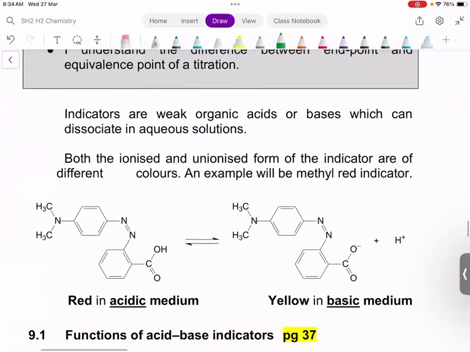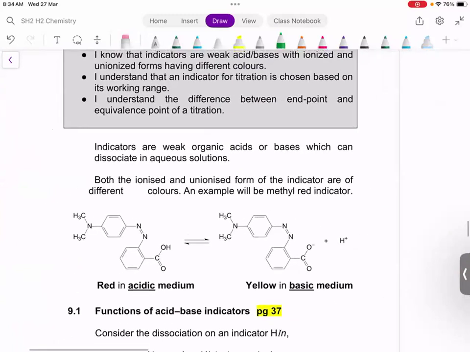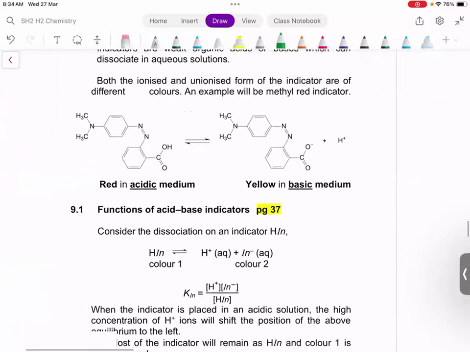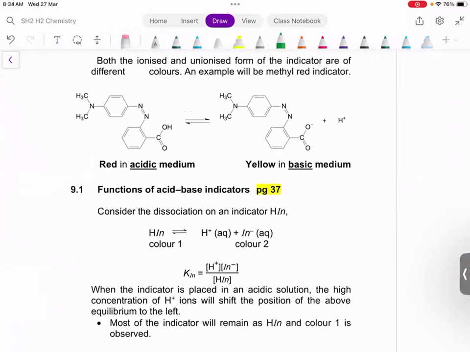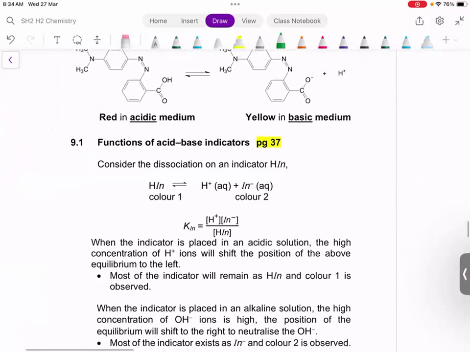So the next part is about the indicator. The indicator is quite easy to understand, to me. Your indicator itself is also a weak acid or weak base, so it will undergo partial dissociation to give you H plus and In minus. You are told that the indicator in the molecular form or in the anionic form has its own characteristic color.